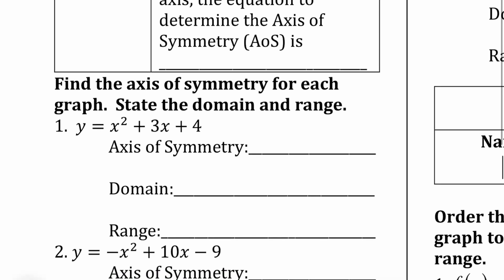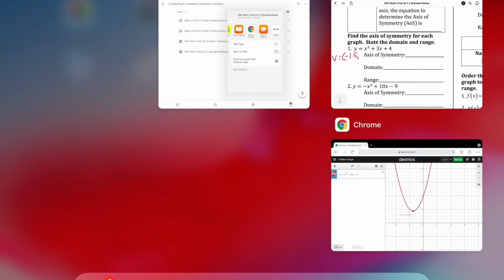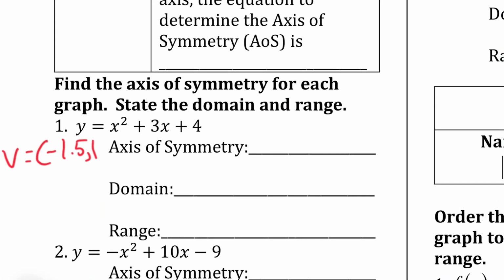So just a note, your vertex was at (-1.5, 1.75). So your line of symmetry, whatever that x value is from your vertex, it's going to be the same.